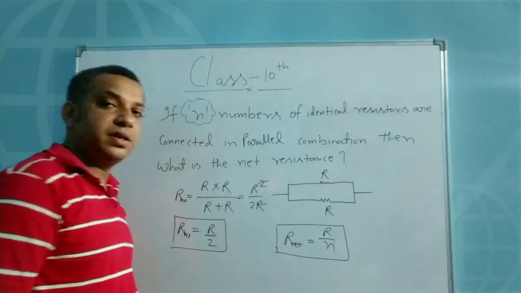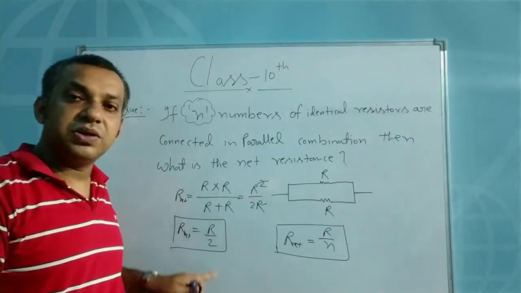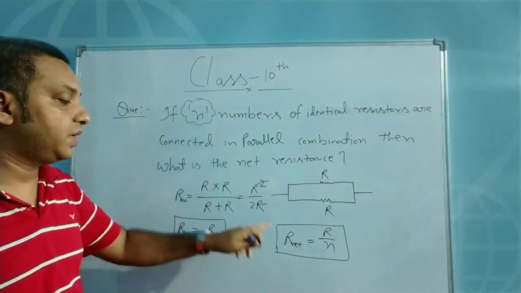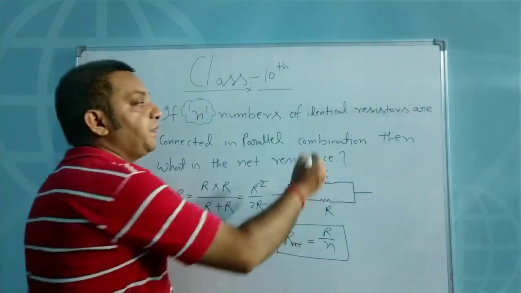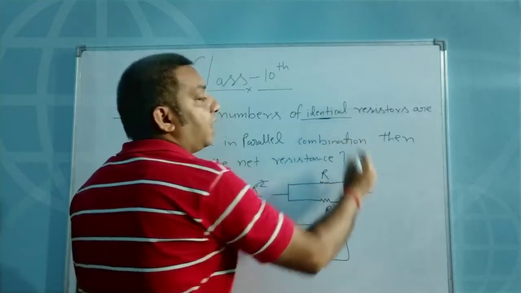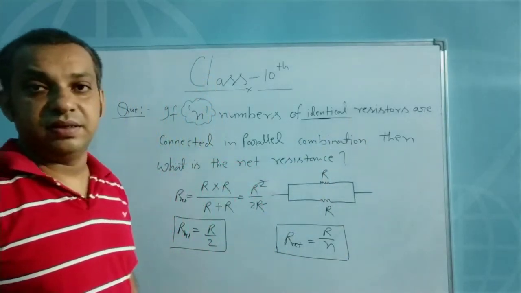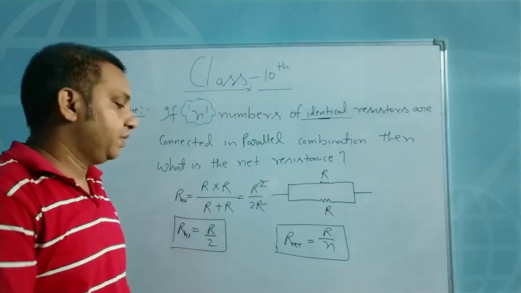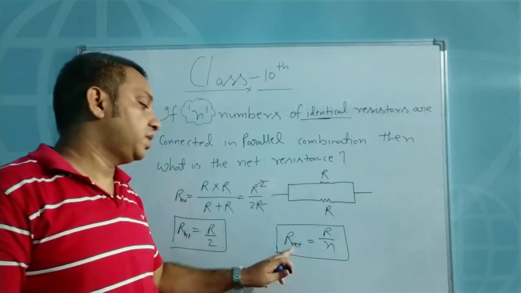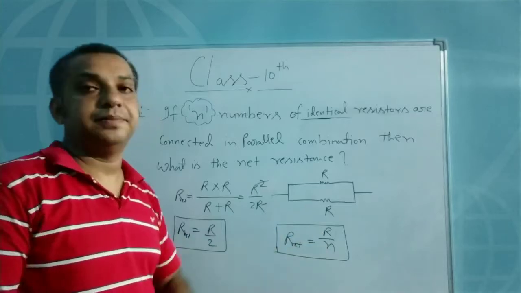Right? You can see here. When 2 is there, then R by 2. Here n resistors, that is why you get R by n. And this formula is only applicable when the identical resistors are there. If the dissimilar resistors are there, then you cannot apply this formula. Right now, here identical resistors, that is why you will get R net is equal to R by n.